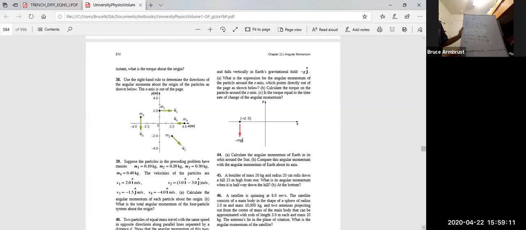M3, 0.3 kilograms. Velocity at minus 1.5. And then that's for 0.4 kilograms. And its velocity is minus 4.